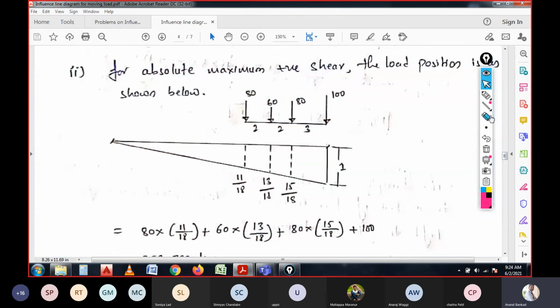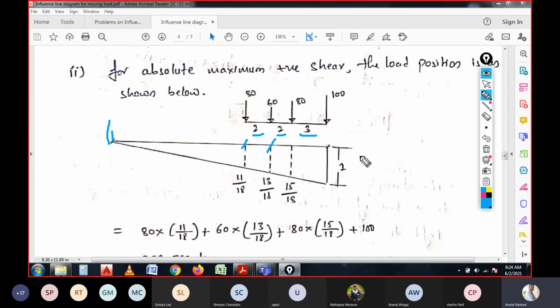Previously what we have seen was for the left side support. So again, if you measure, the first distance will be 18 and second will be 13, and here it is 2 meters, right?